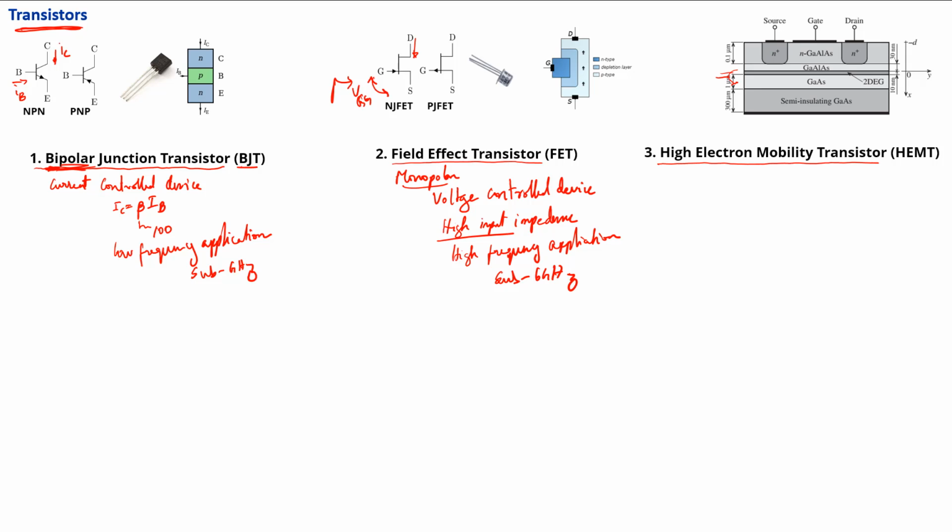Because of that it is used for very high frequency applications like microwave frequencies beyond even 6 gigahertz. And by having a very thin channel layer, it also has very good low noise performance. Unique about high electron mobility transistors is the low noise performance.